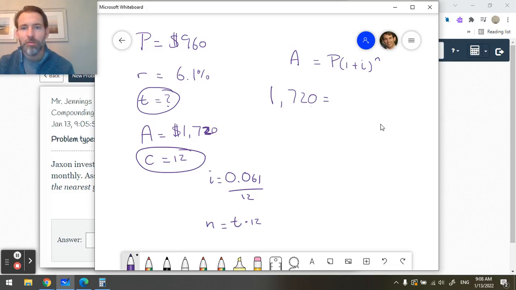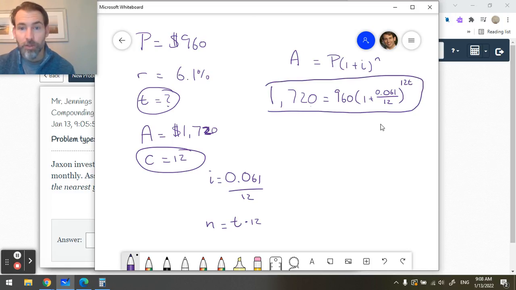So let's write it out. Equals the principal, which is 960 multiplied by 1 plus 0.061 divided by 12, and then that's going to be raised to the power 12t. Okay, now you could do this as a power of a power, and find out what this to the 12 is, and then that would be raised to the t, and you could solve for it, or you can just work with this in Desmos, and I'll show you how.